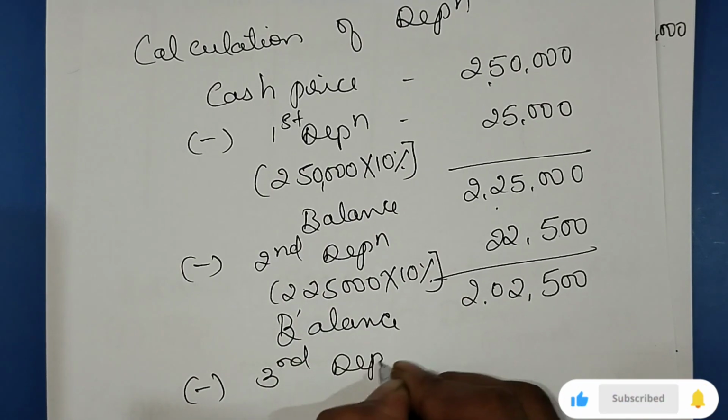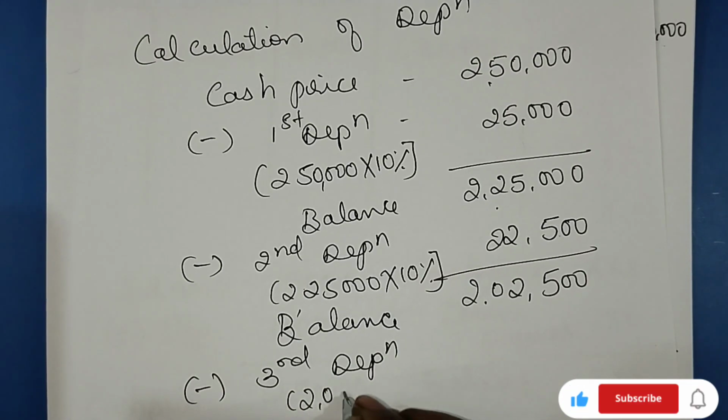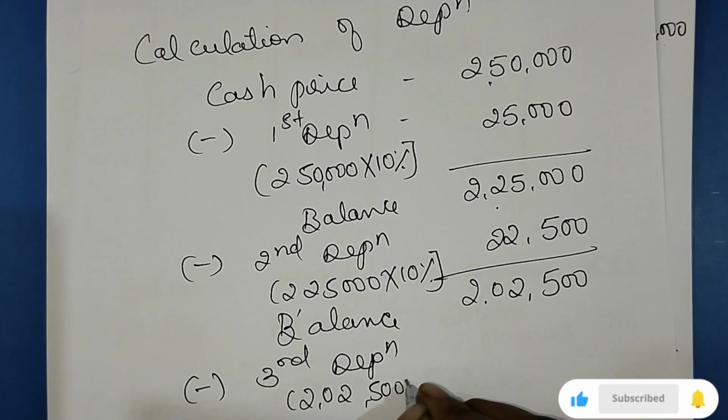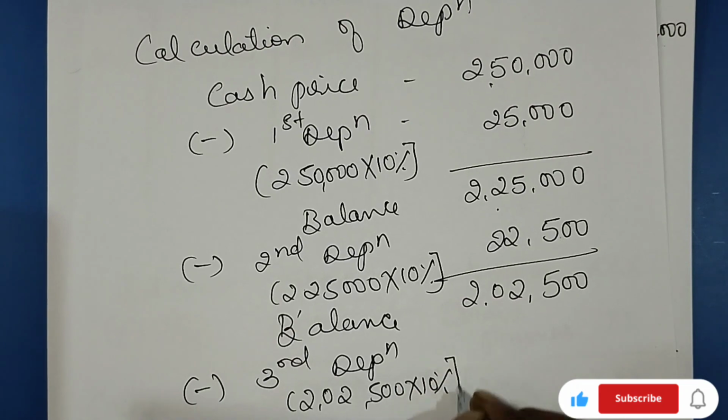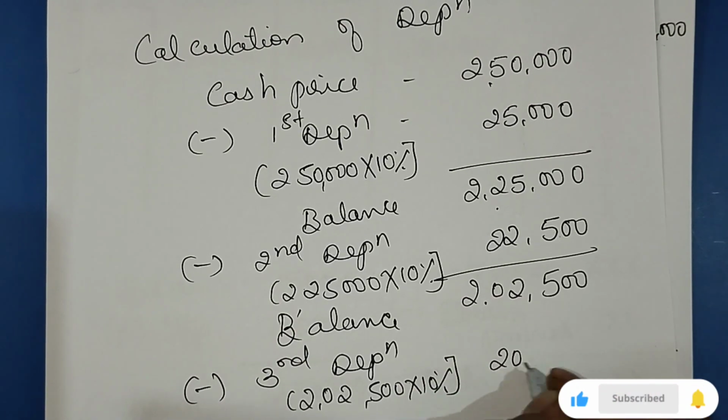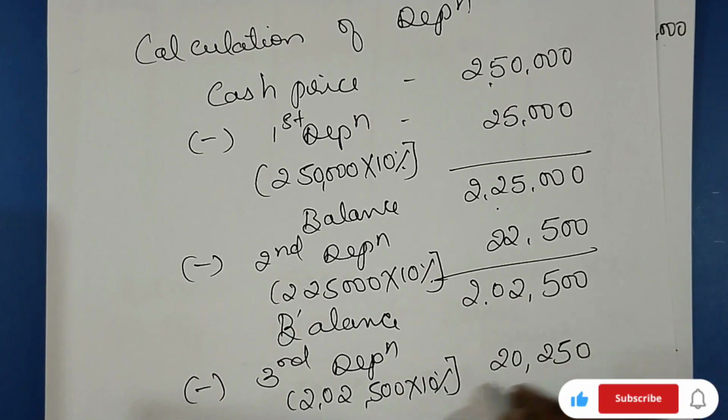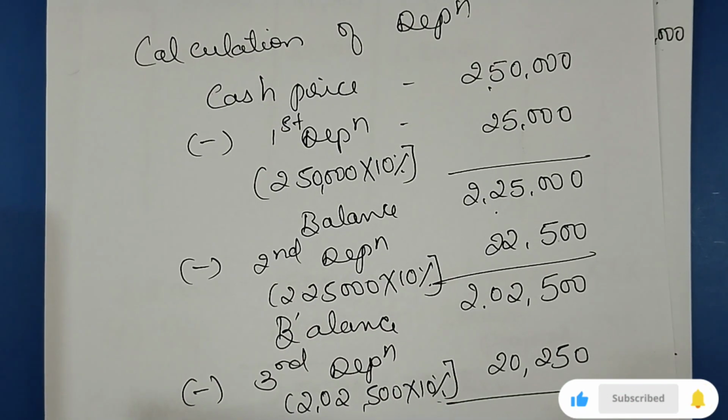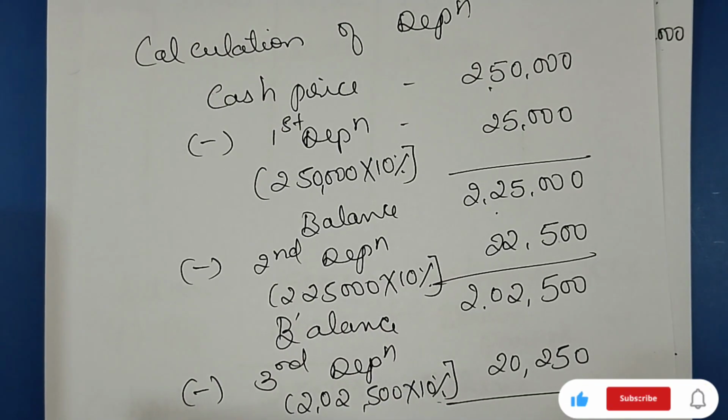Now the last year, that is the third year, depreciation on 2,02,500 into 10% is 20,250. Balance is 1,82,250.